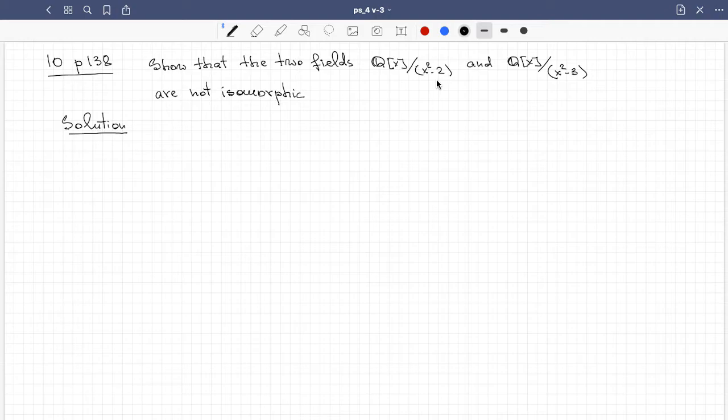So let us make use of this description. We can go both ways, but let me try to go from this one to this one. So the field Q of x modulo x squared minus 3.